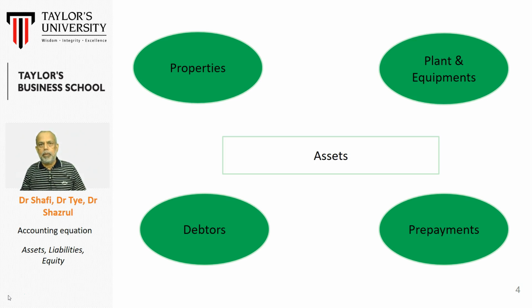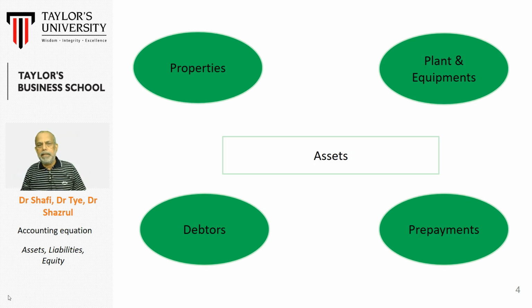The next group of assets are debtors, which are basically people who owe money to the business. In most cases, they are repayable within 1 year or less, so they are classified as current assets. Another category of current asset is prepayments. These are payments made by the business in advance.